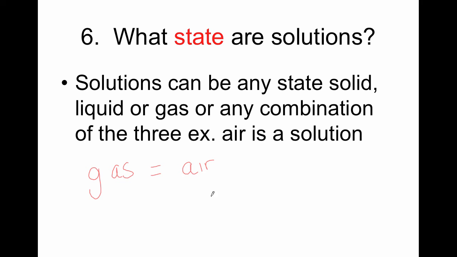Basically the solvent, the thing that's present in the largest quantity, is nitrogen. And then what's dissolved in the nitrogen, or what's mixed in the air with it, is oxygen. You've got carbon dioxide, you've got water vapor, you've got argon and other substances that are in our air. Those would be the solutes, and the solvent would be nitrogen because it's what's present in the large quantity.